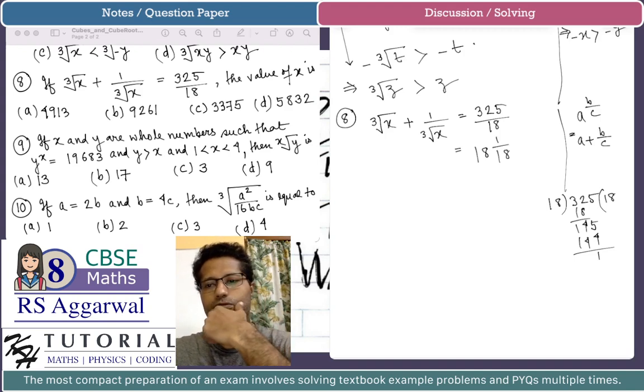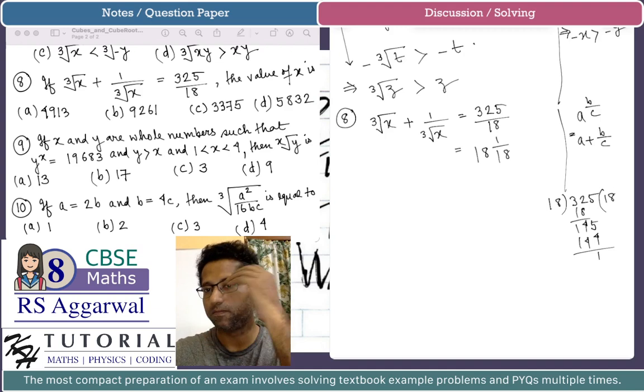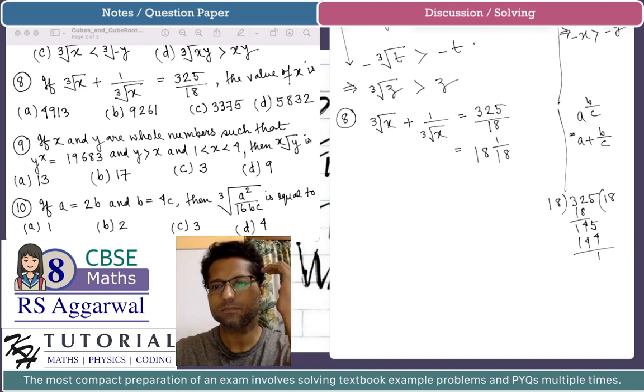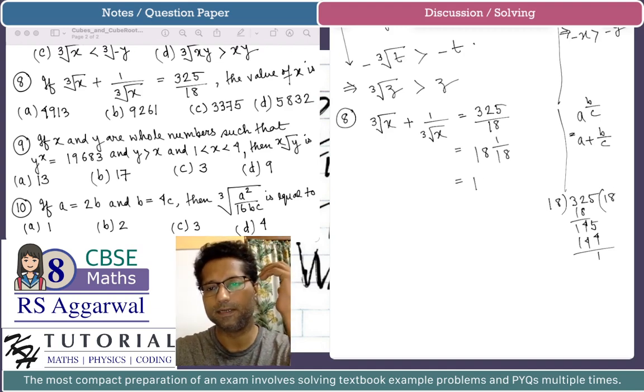Now you will get some clue: in the mixed form, the whole part is 18 and the fraction part is 1 by 18. So this is nothing but 18 plus 1 by 18.